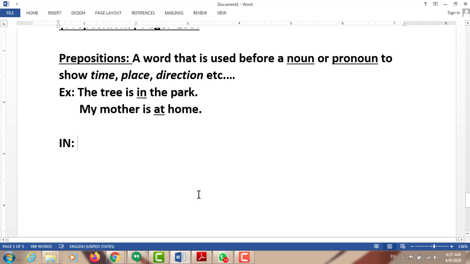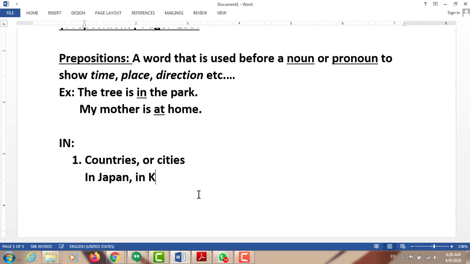In is used for these things. I will write each of them very clearly. First, it is used for countries or cities, like in Japan and in Kabul.